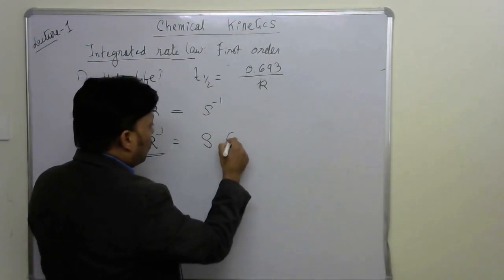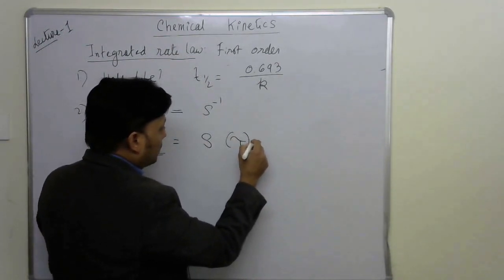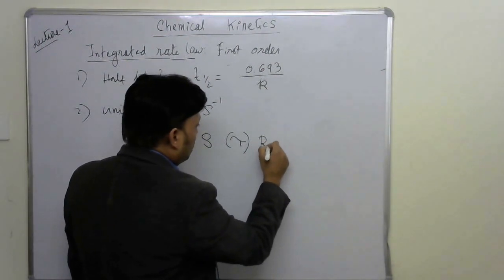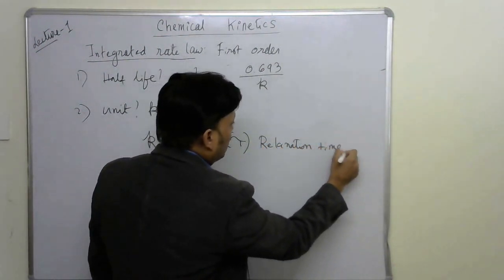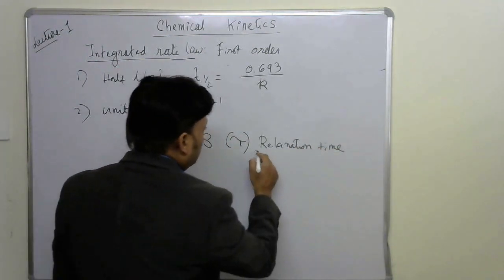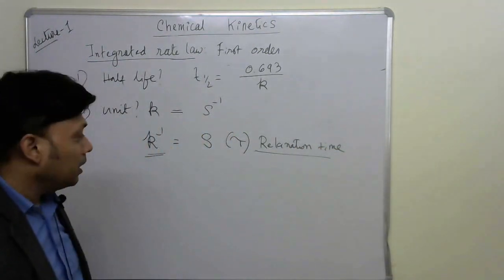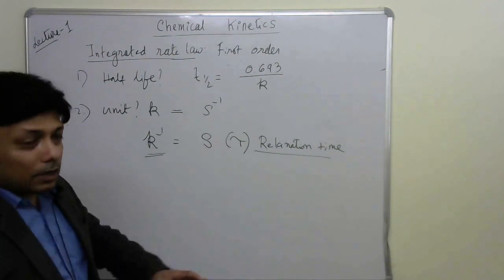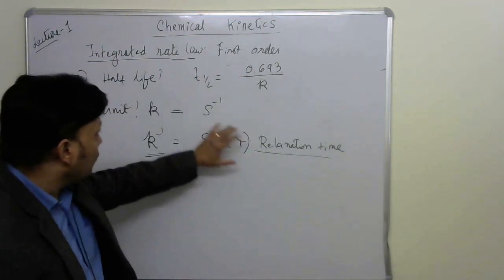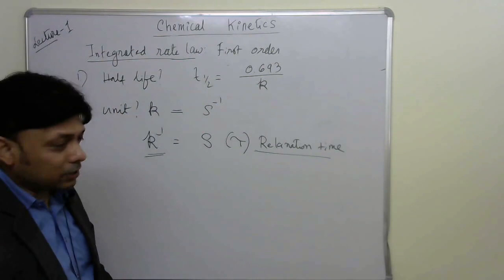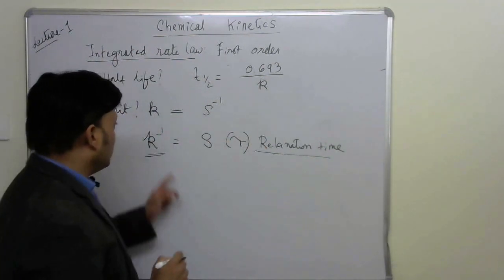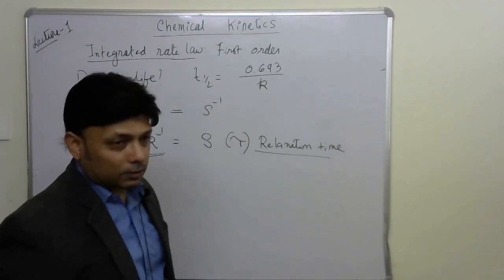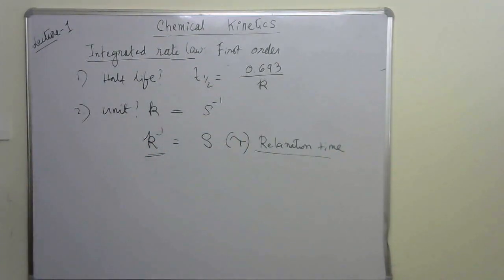This parameter is also known as tau, and this tau is called the relaxation time. Sometimes it is important, but it is only relevant for the first order reaction. For the definition, we remember the inverse of k is known as the relaxation time.